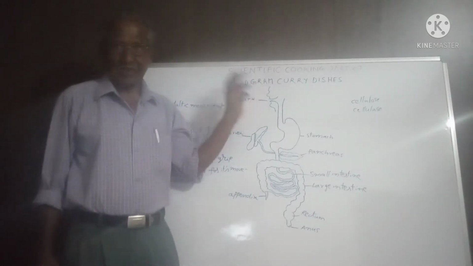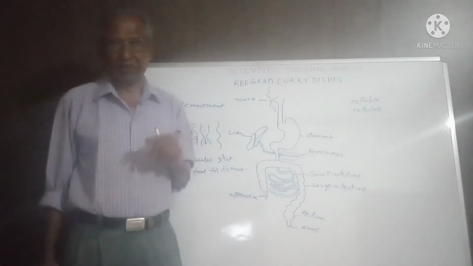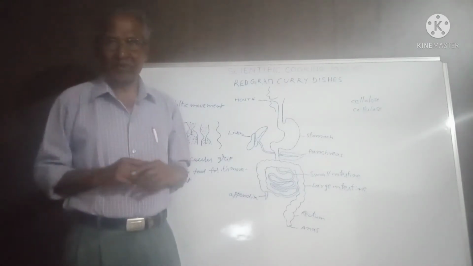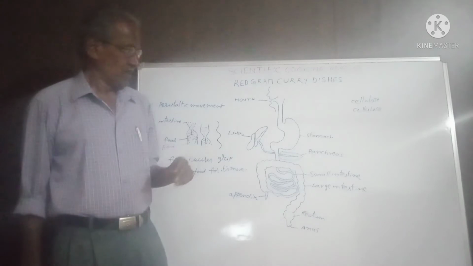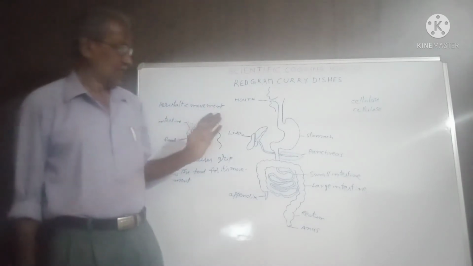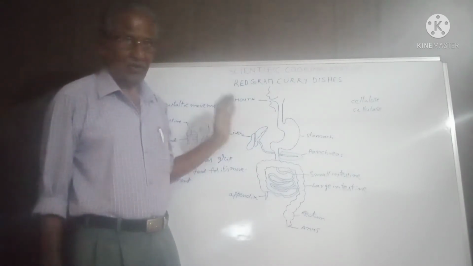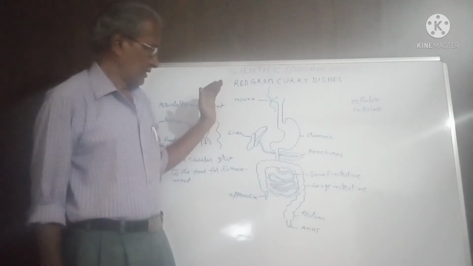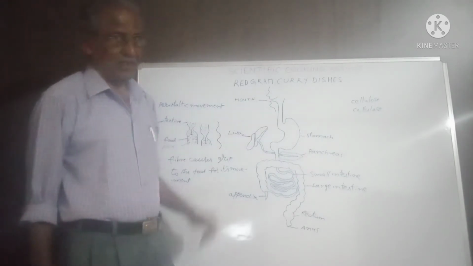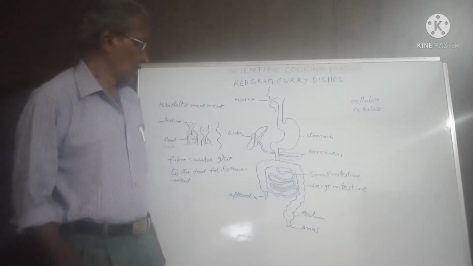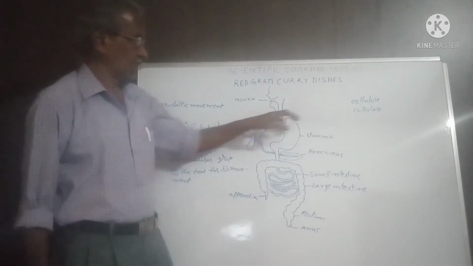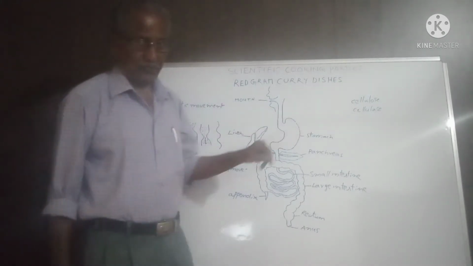Red grams contain fiber. What is the use of fiber? Fiber is useful for the free movement of the food. Fiber contains cellulose.